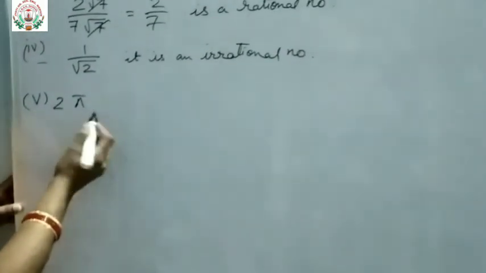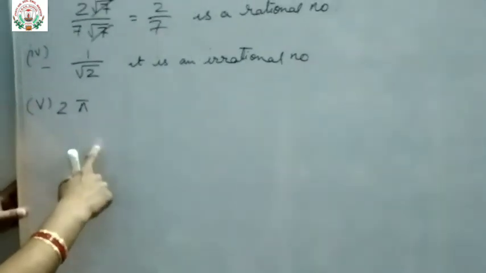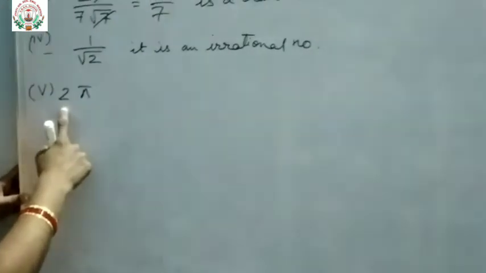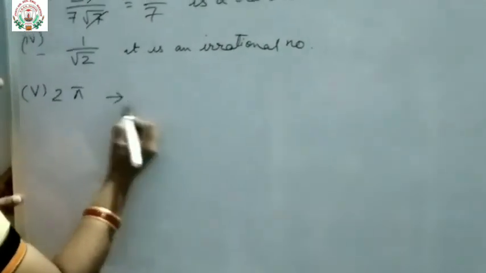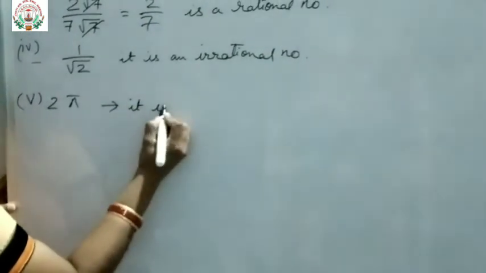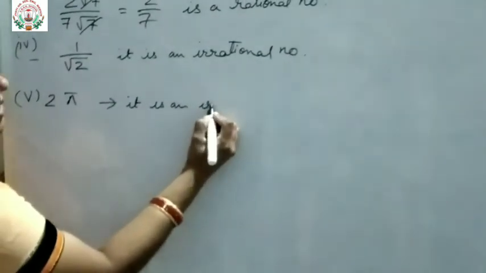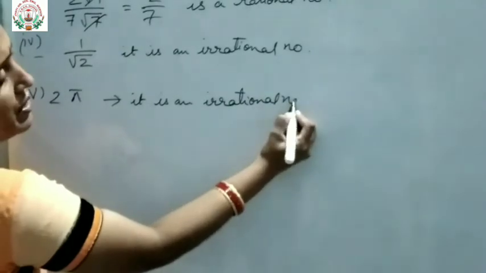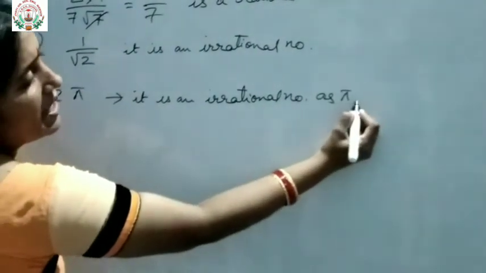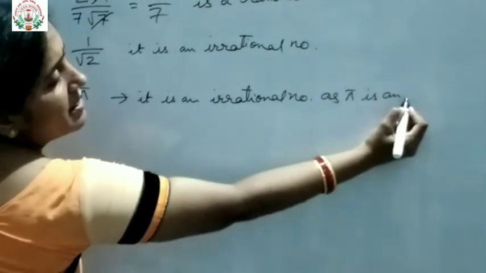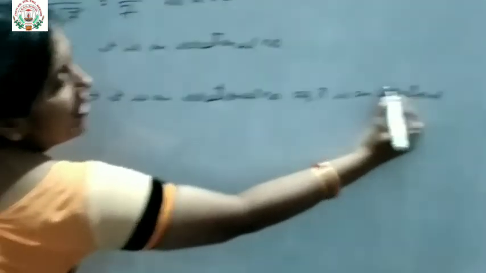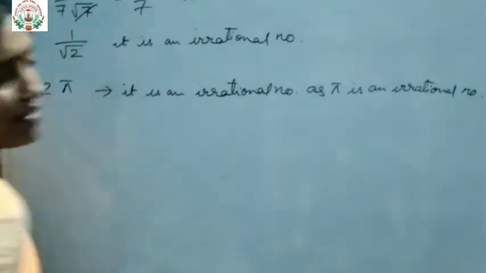In the previous question we have already seen that pi is an irrational number. So since it is multiplied by 2, it is an irrational number, as pi is an irrational number.